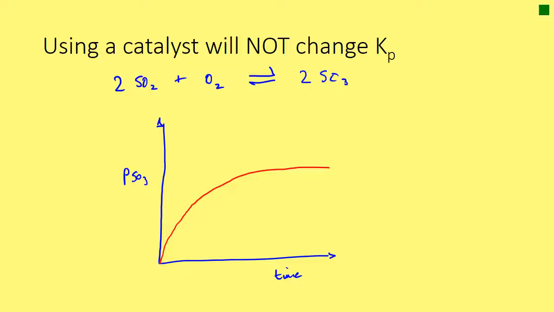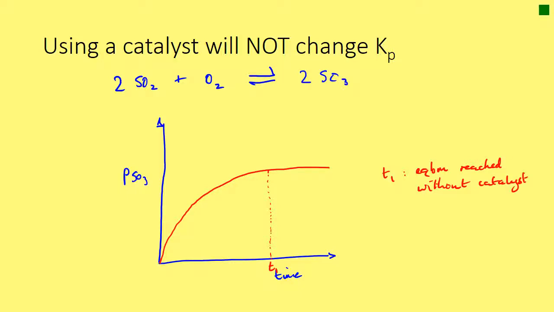So that's what we see there, and the time at which that plateaus out, let's call it this time here, let's call that T1, where T1 is the time for equilibrium to be reached without catalyst.